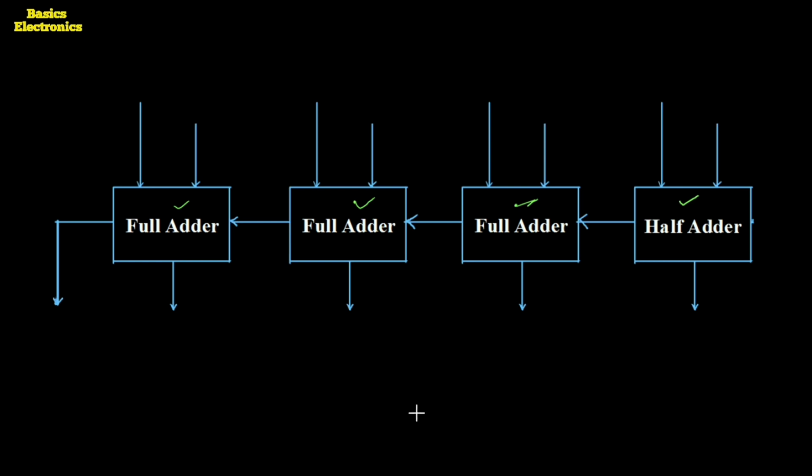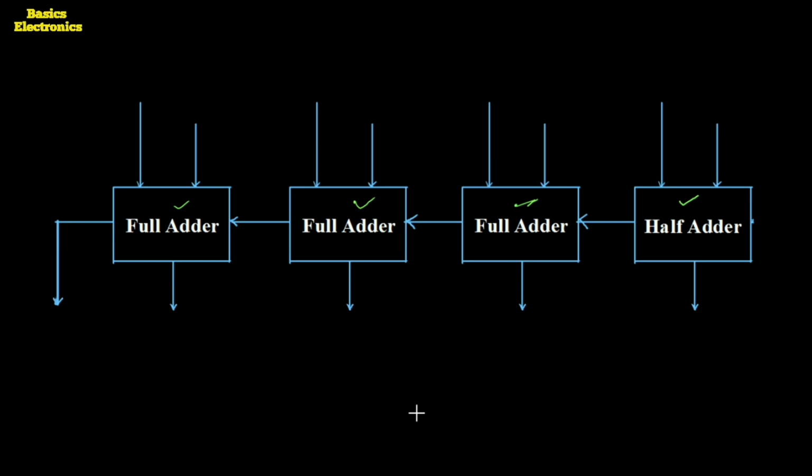When the question is asked in the examination, there is no mention that you have to use all full adders or full adders and a half adder. The question is like this: define a binary adder. Explain the working of a 4-bit binary adder with the help of a block diagram or a logical diagram or a suitable diagram.